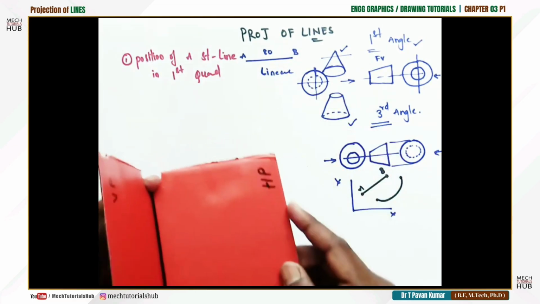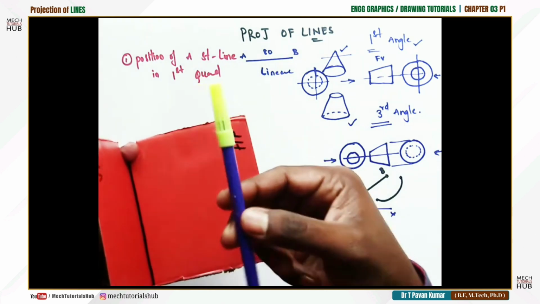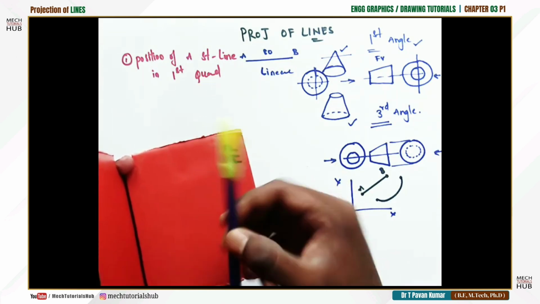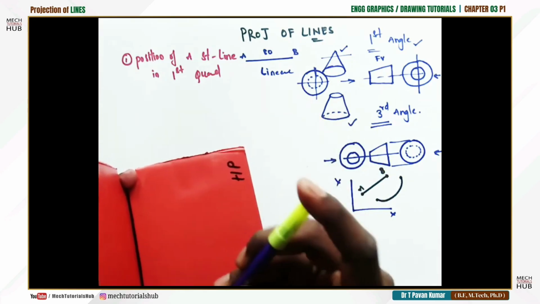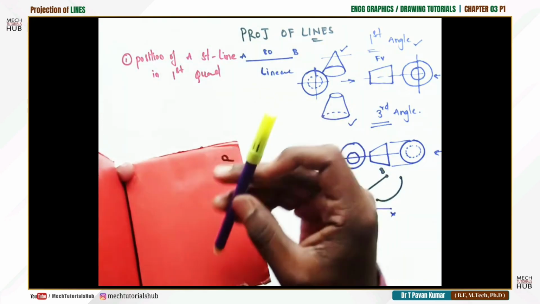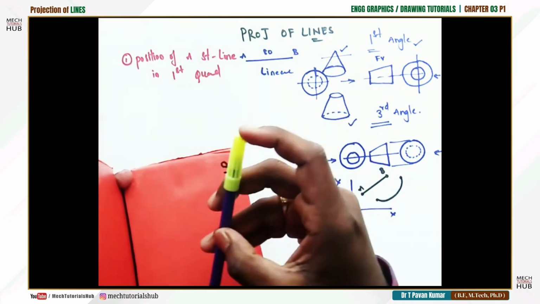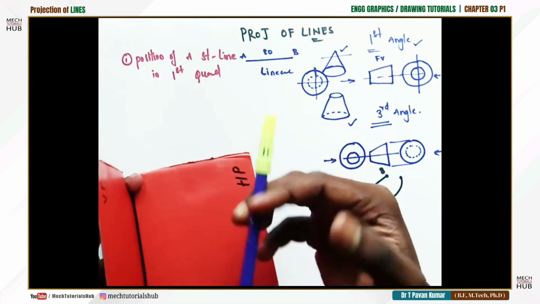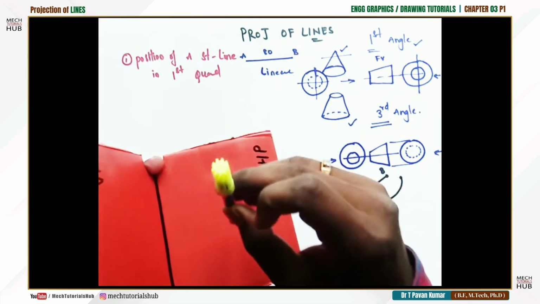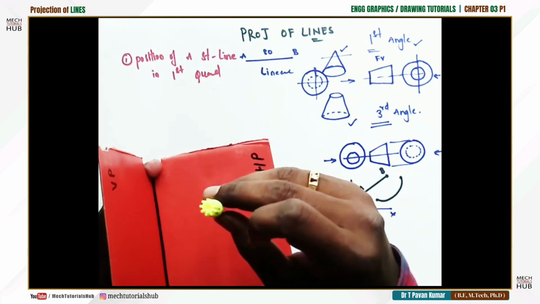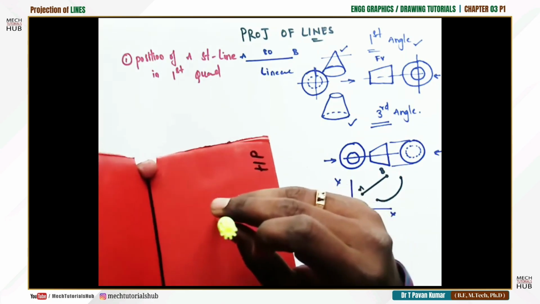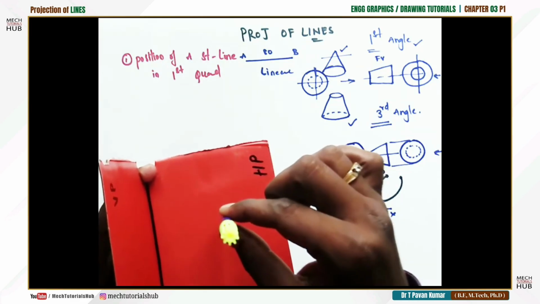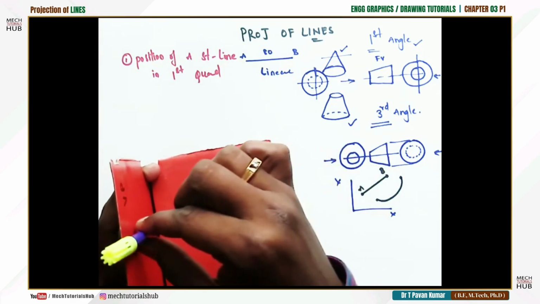Now let us see the possibilities, how many ways we can place a line AB of 80 mm in this particular quadrant number 1. Let us imagine this as a line AB of 80 mm length, with the green end as A and this end as B. Whenever a line is placed like this, for example, the line AB of 80 mm is perpendicular to HP, parallel to VP.